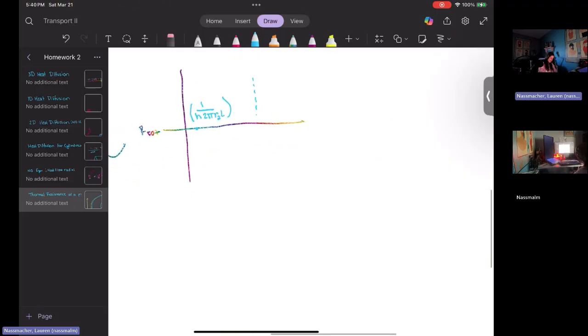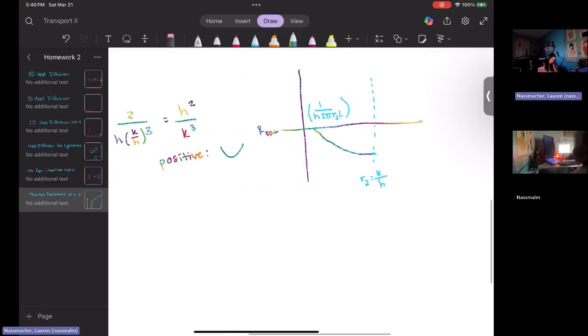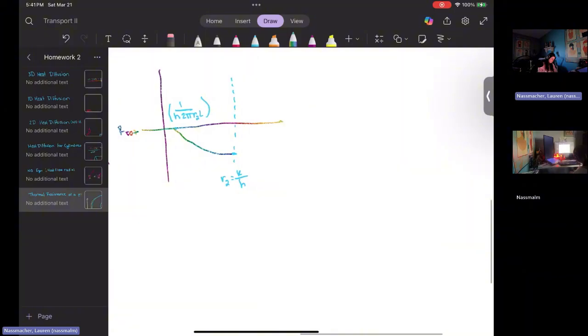And as we add the insulation, we're going to get to a point where our radius is equal to our thermal conductivity divided by our thermal heat coefficient. And it's going to create a concave down graph, as we discovered. Eventually, it will start to increase.